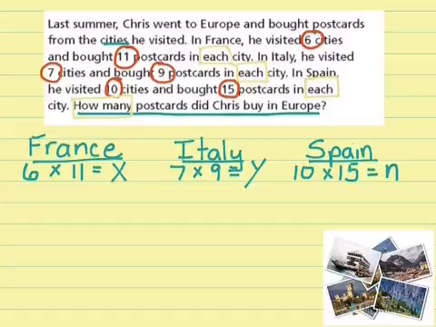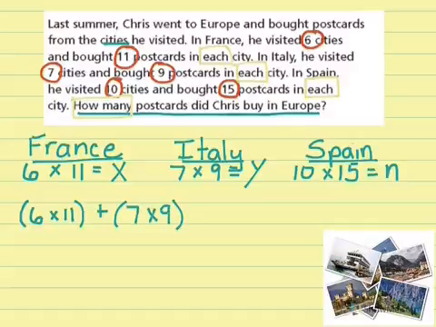What we're really trying to find out is how many postcards, like in all, did he buy? So what I could do is I could say, all right, if I'm going to do my order of operations, I could say parentheses 6 times 11, that's France, plus 7 times 9, which is Italy, plus 10 times 15, that's going to give me the number of postcards.